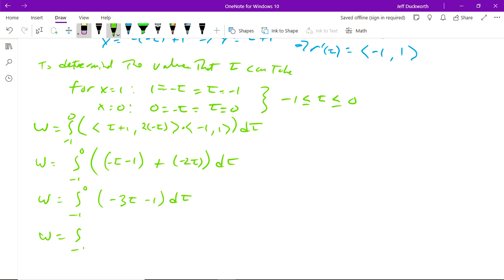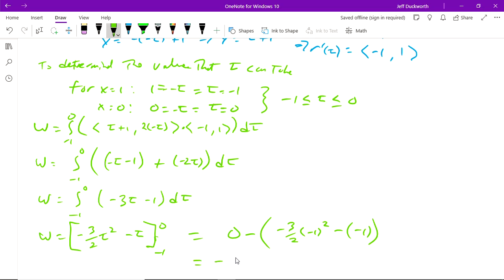I'm going to integrate right now. So the integral of negative 3t is equal to negative 3 halves t squared. And the integral of negative 1 is just negative t. All of this is evaluated from negative 1 to 0. Remember, the 0 goes first, so we're going to kill that. So it's 0 minus this next part. So negative 3 halves times negative 1 squared, and then minus a negative 1.